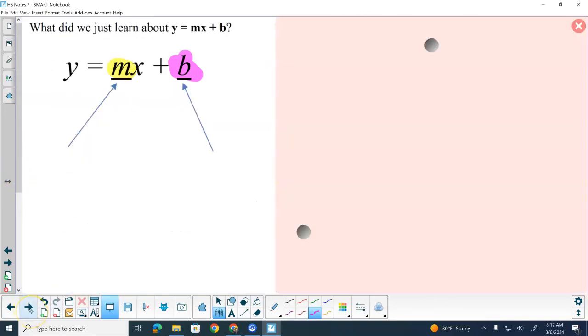So, when we have something called y equals mx plus b, m, we know, is the slope of the line. What's another way of saying the slope of a line? Rate of change is another way of saying slope of a line.